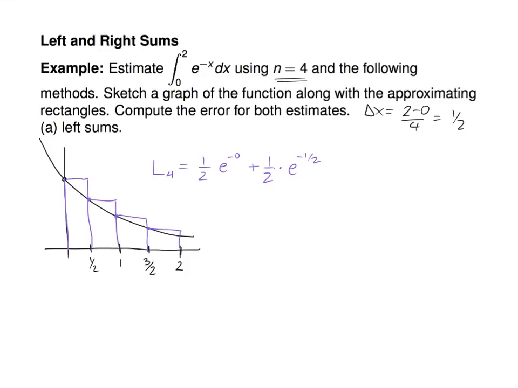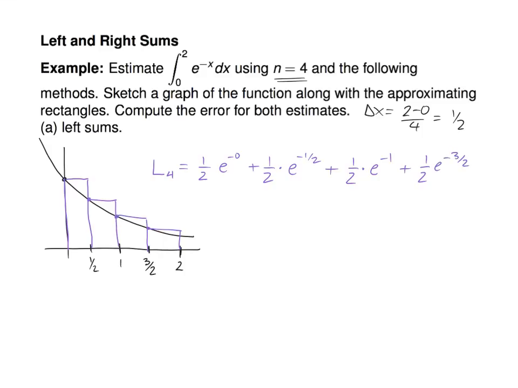Does that make sense? Okay, next box, width is 1/2. Its height is e to the negative 1. And lastly, we have 1/2 e to the negative 3/2.